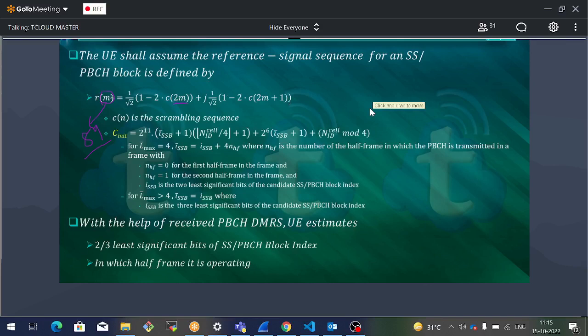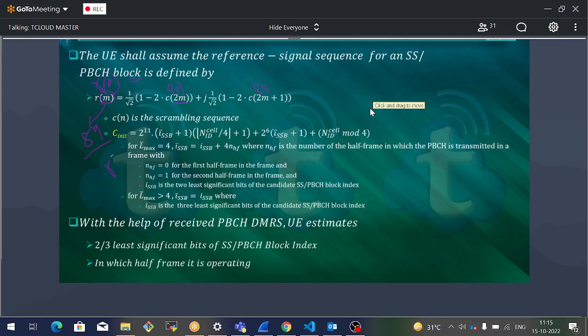For example, if you wanted to calculate the PBCH first bit or 0th bit, you substitute 0 there. So it becomes C of 0, the scrambling sequence 0th bit, and 0 plus 1, this is C of 1. So you require 2 bits from the scrambling sequence to calculate 1 bit of the DMRS.